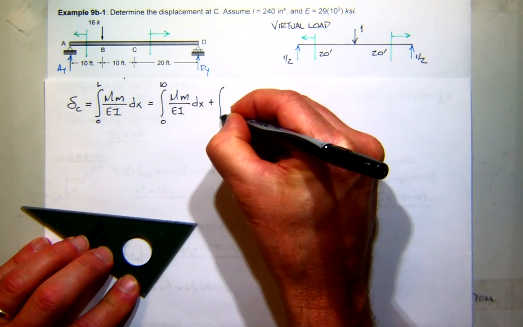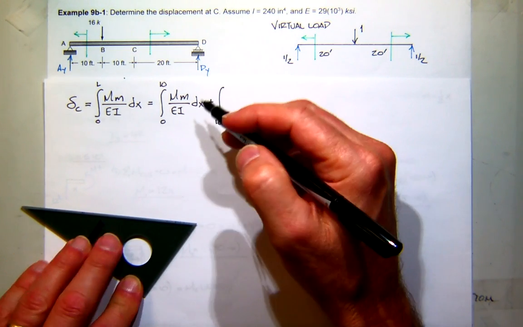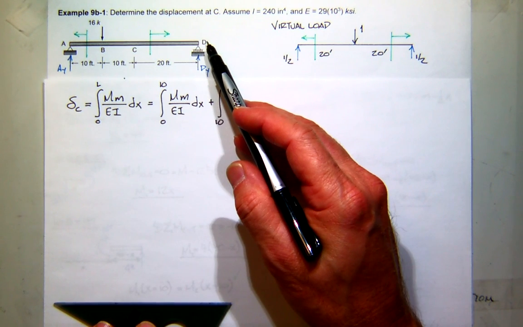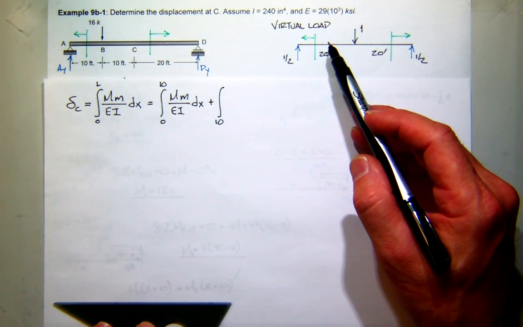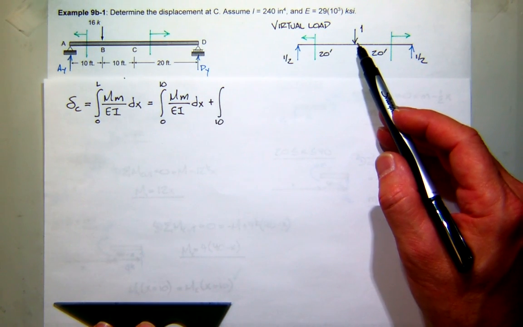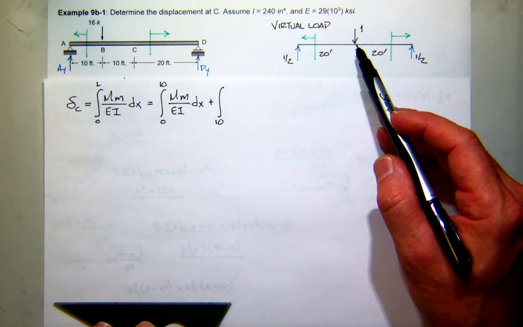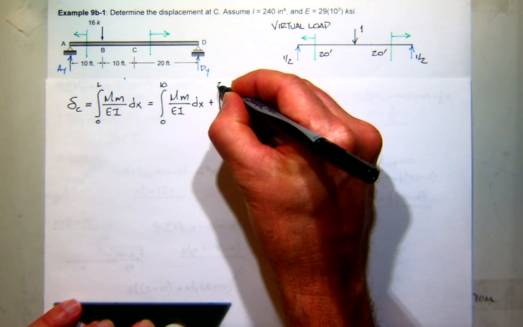So now the next one I have to start at 10. How far can I go? Well, the real moment can start at 10 and go all the way to 40. My virtual moment can start at 10 and got to stop at 20. See that? Because it's going to change. So that means I've got to stop this one at 20.